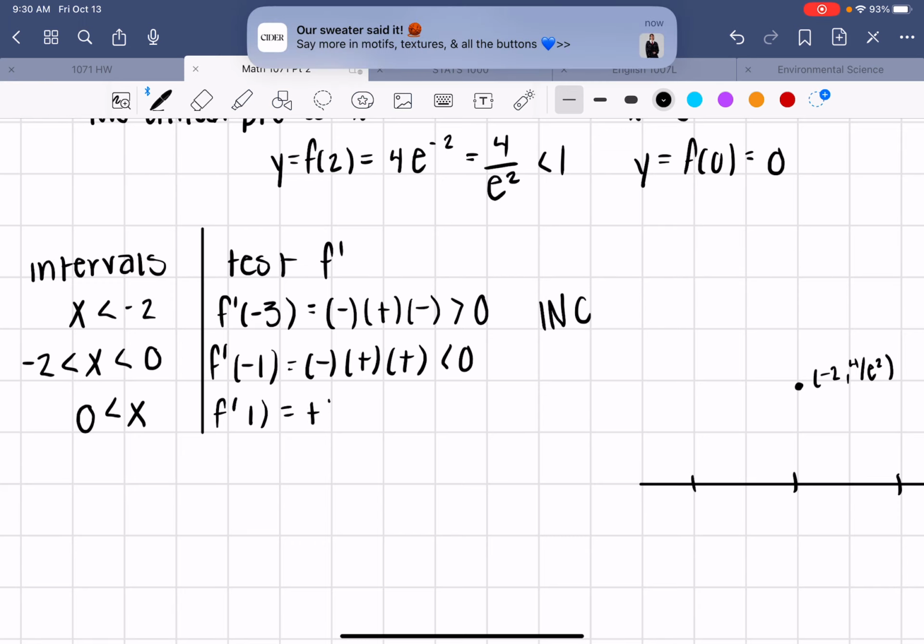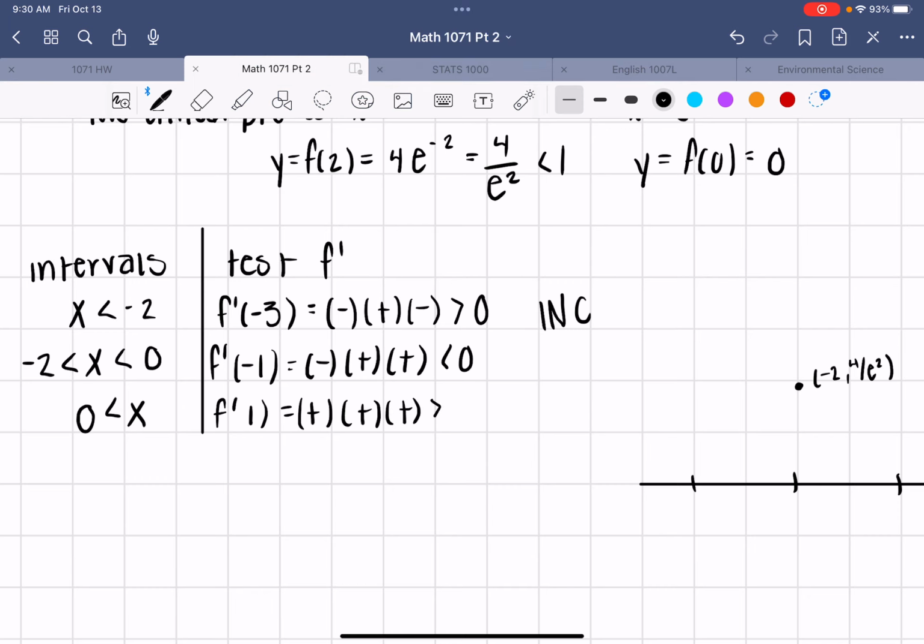Okay, so now let's go to our second group, f double prime. This is a product rule, and this is a product rule also. So let's do a product rule there.